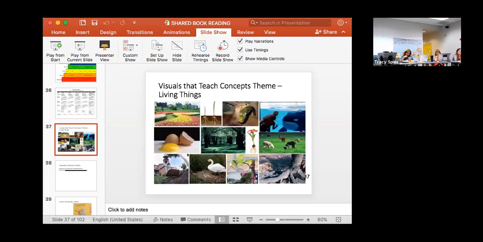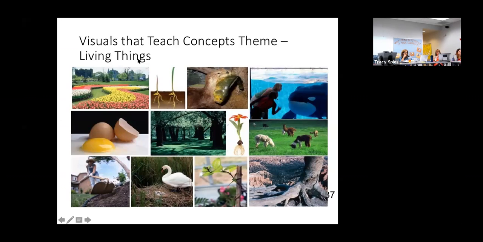You'll notice that we use lots of visuals. We use posters as visuals, like a collage. Here, we wanted to teach about living things. So we had many different kinds of living things, so that at the beginning of the week, on day 1, the teacher had a discussion about what living things are.